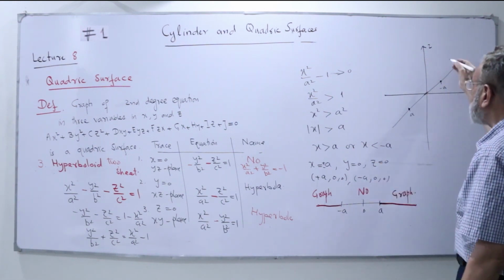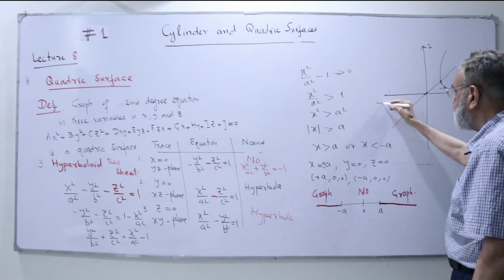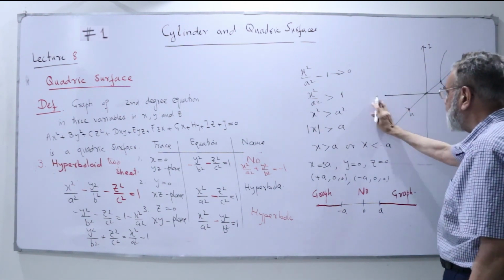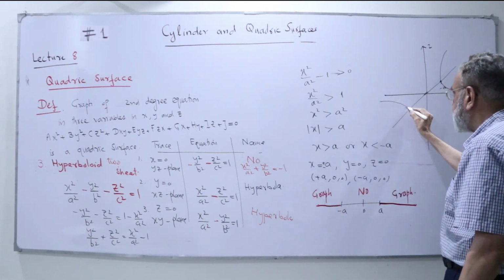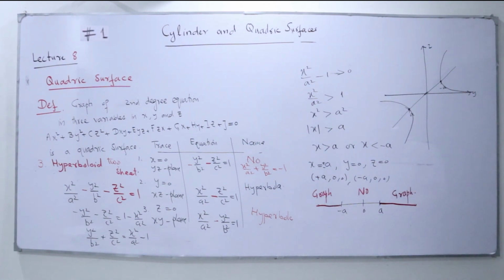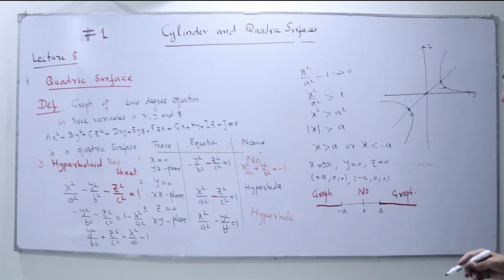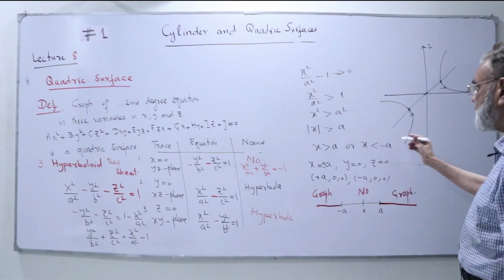The yz plane is our hyperbola. This is our hyperbola in the yz plane. Also in our xz plane, this is a hyperbola. And then in the xy plane, we are having the values where this is an ellipse.